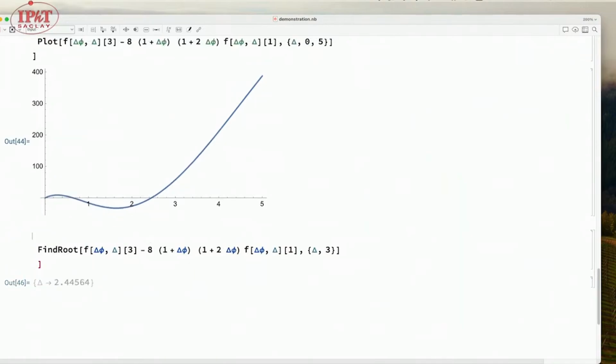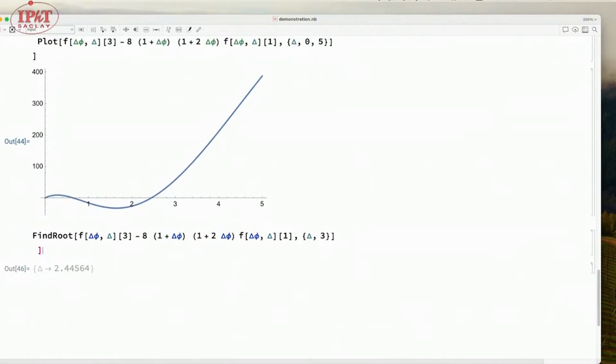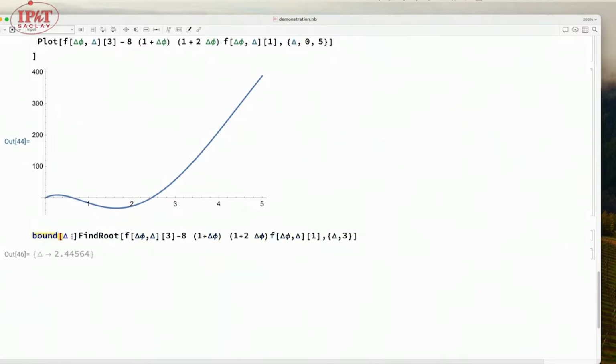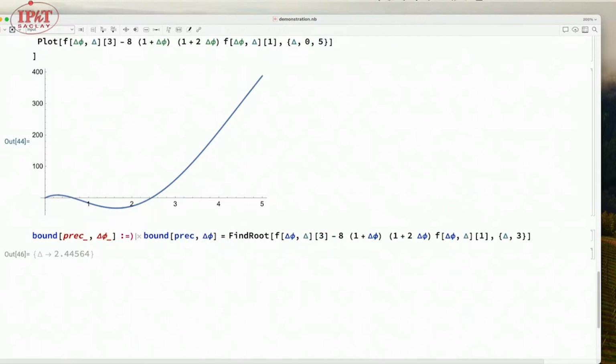Actually, let's find it as a function of delta phi. So the bound is going to depend on delta phi. Let's also depend on some precision. And I'm going to save it every time it's computed so that I don't have to recompute these bounds.